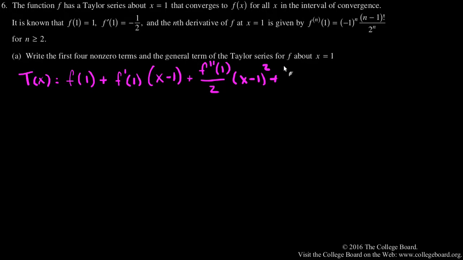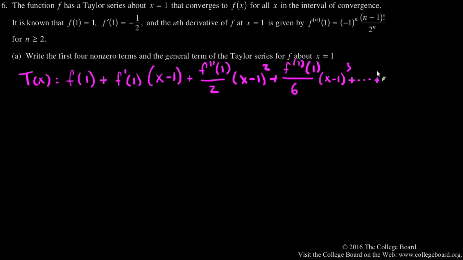The fourth is going to be the third derivative evaluated at 1 over 3 factorial, which is 6, times x minus 1 cubed. Then put this ellipsis here.